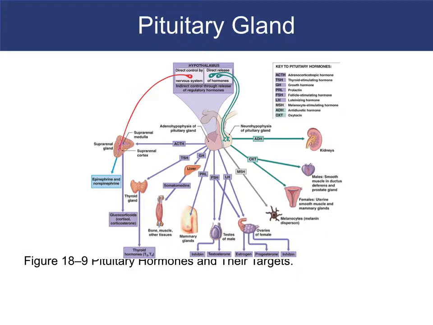We'll go into that much more depth when we get to reproductive. Then from the pars intermedia here, the one in between, it releases MSH, melanocyte stimulating hormone, which then goes to the melanocytes. Remember, the melanocytes are out in the skin. Remember them? And then they make more melanin.